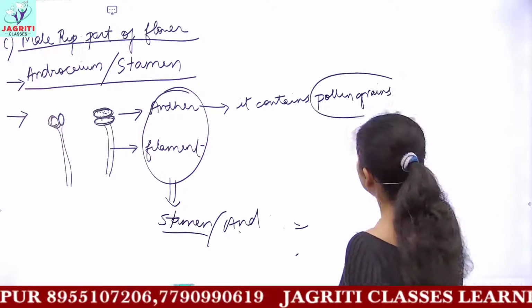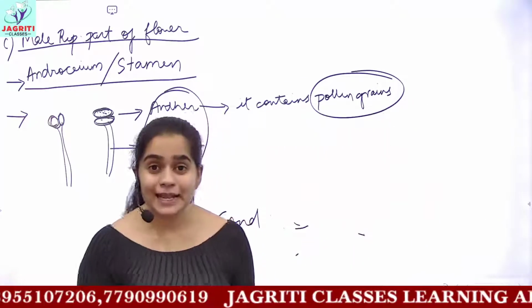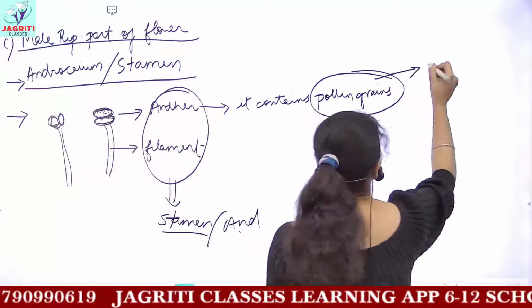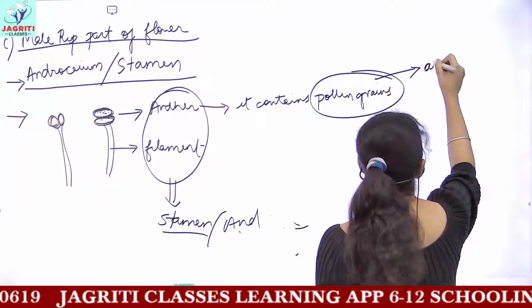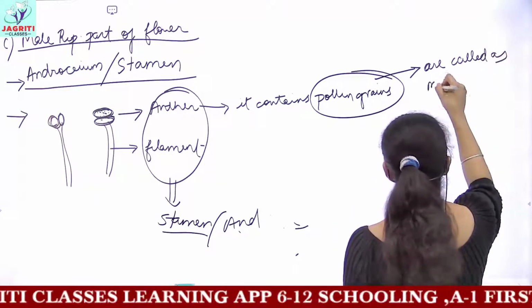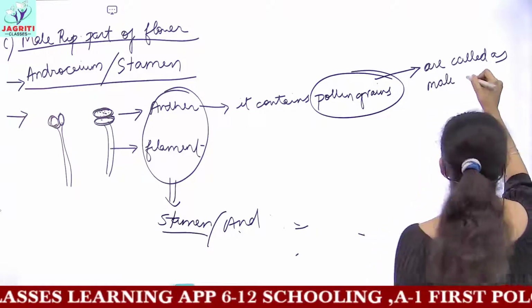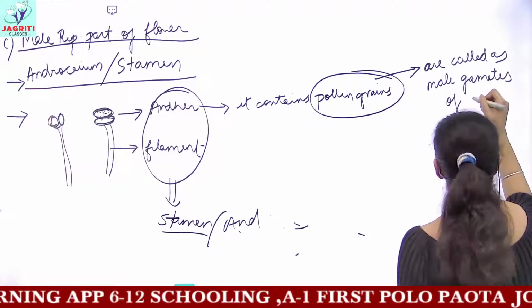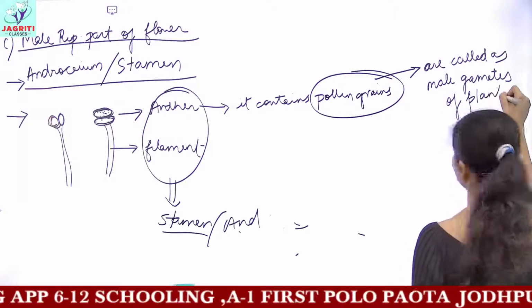And then the important thing, these pollen grains are called the male gametes of the plant, or you can say of the flower.